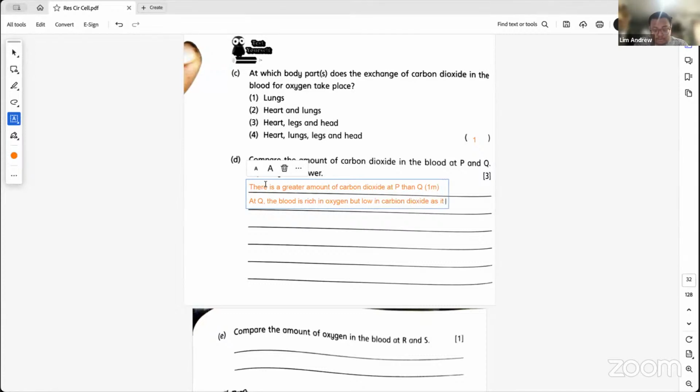As it flows from the heart to other body parts.